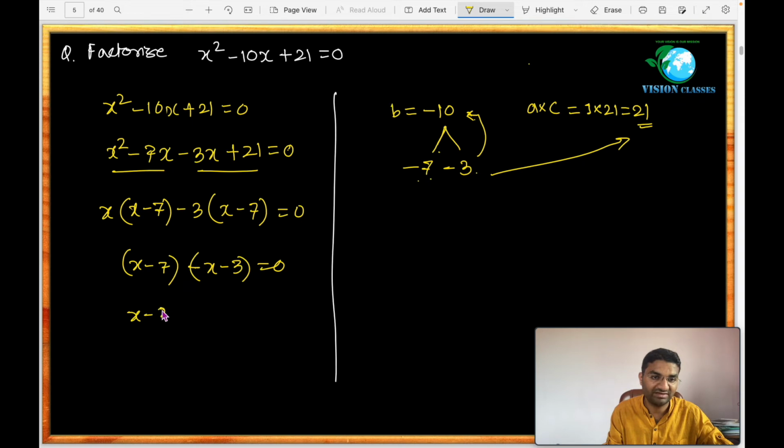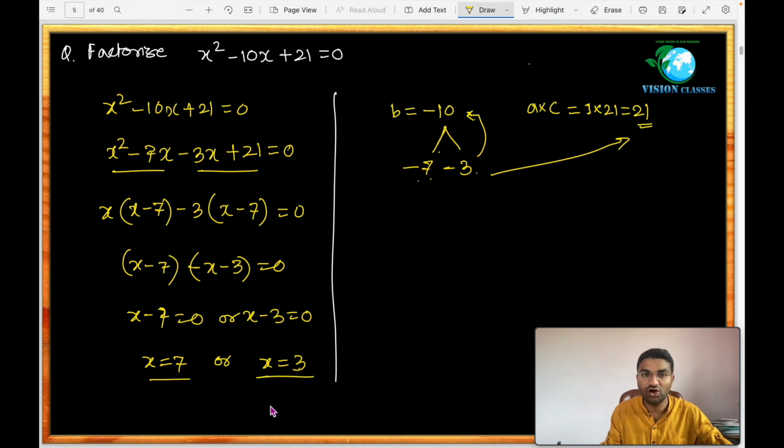So x minus 7 is equal to 0, or x minus 3 is equal to 0, x is equal to 7, or x is equal to 3. These are the two factors you got, isn't it? Again here you will get this kind of question, again 2 or 3 marks question. We will solve one more similar question.